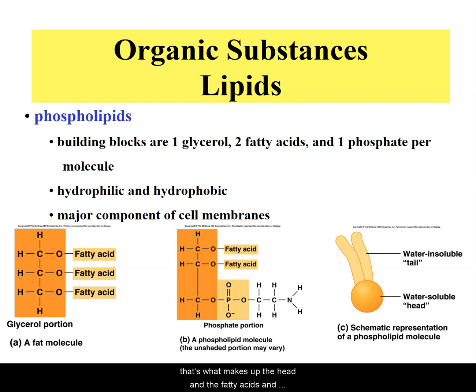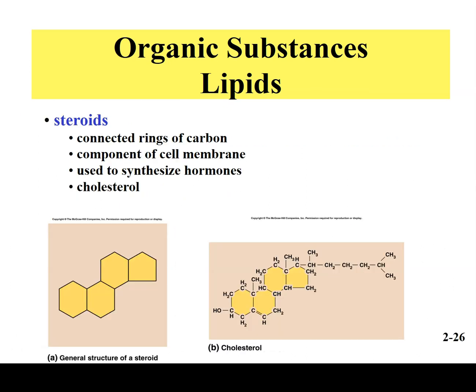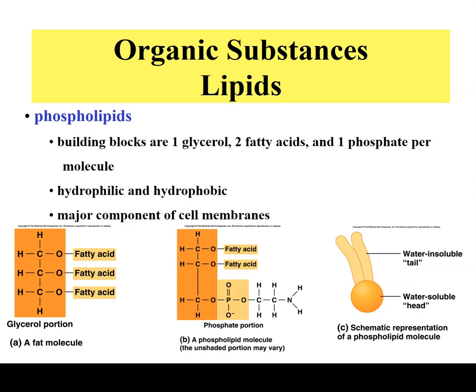And the fatty acids, and we know acids are not soluble to water, it's insoluble to water. So the phosphate is, and the fatty acids are not. And so this would be the phosphate part, and this would be the fatty acid part.